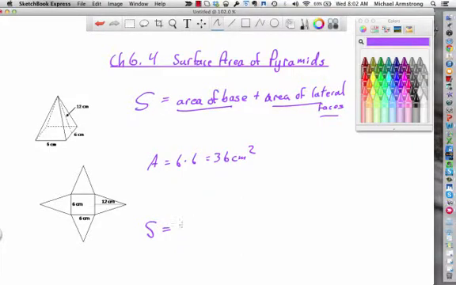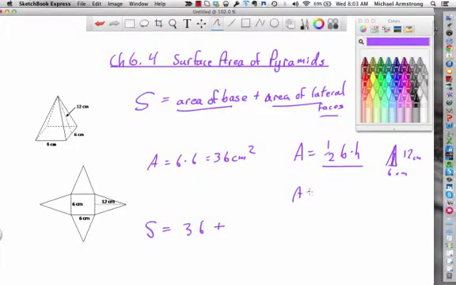Surface area equals 36 plus, now this triangle here is 6 by 12. The area of a triangle is 1/2 base times height. Hopefully you remember that formula. This triangle has a base of 6 and a straight up and down height of 12 centimeters.